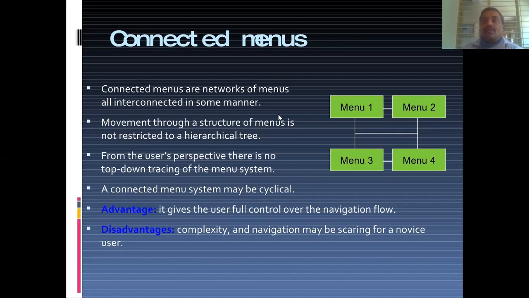It is all interconnected; there is no first or end, and that is a cycle. What is the advantage here? It gives the user full control over the navigation flow. The drawback is complexity, and navigation may be scary for new users, who may find the movement and navigation difficult.